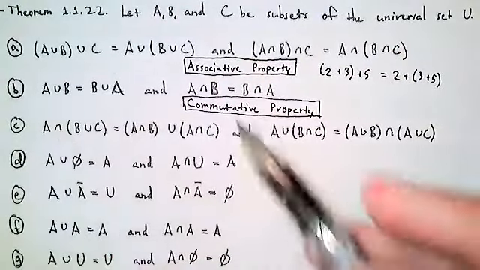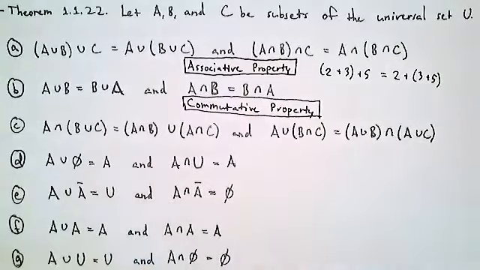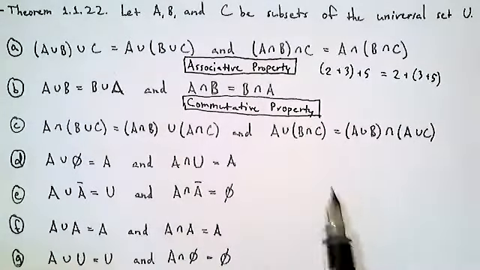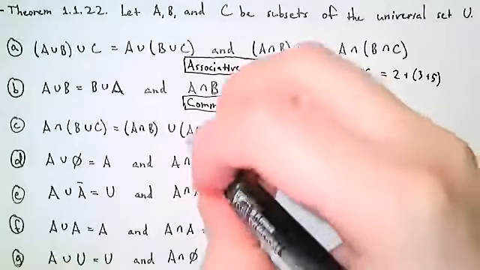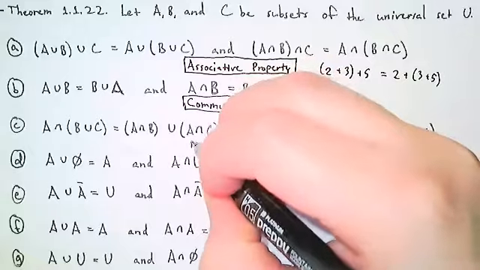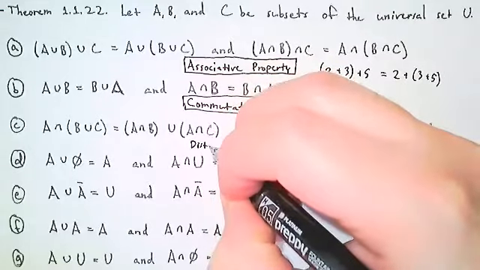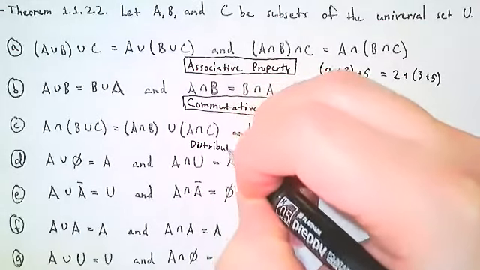And then part C, it might be a little bit hard to see it since there's all these sets running around in intersections and unions. This is actually just like the distributive property that you know from algebra.